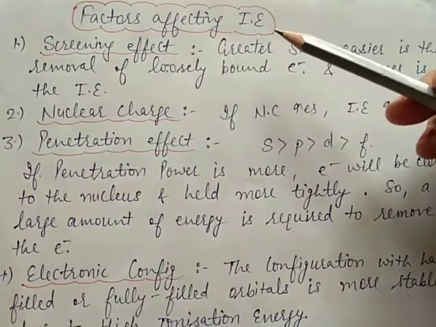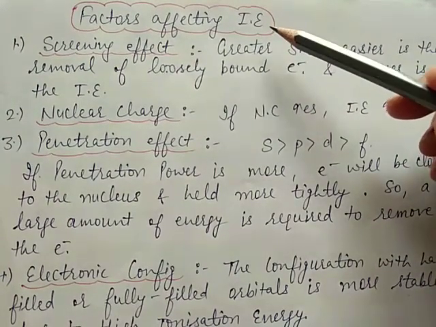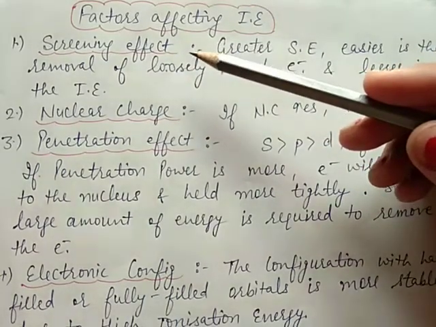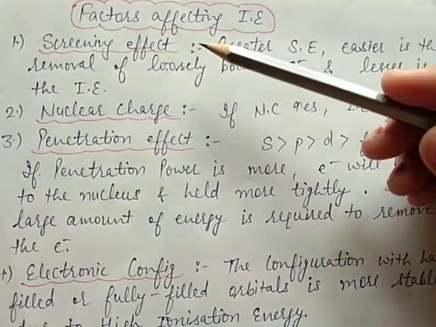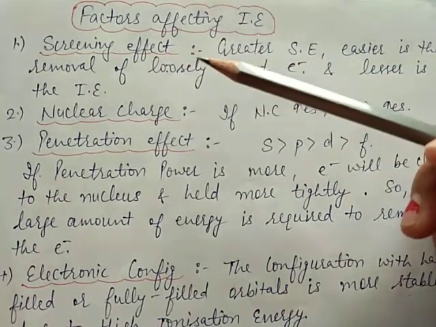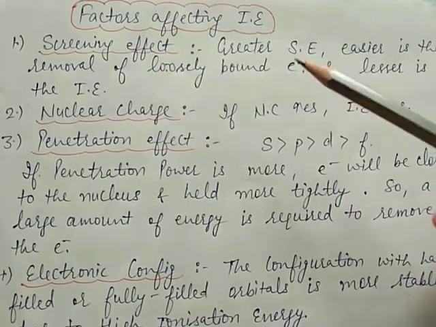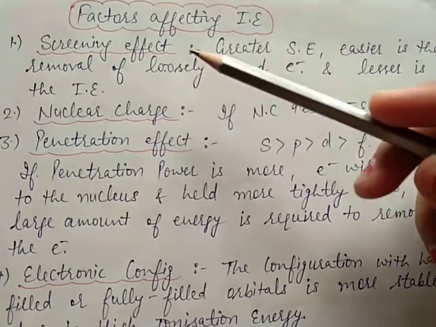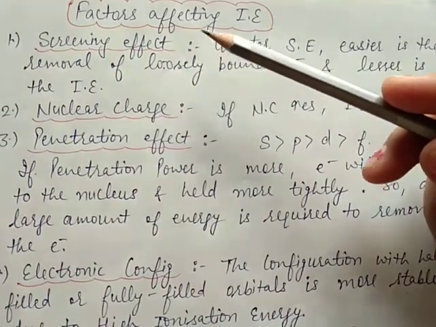Now the next topic is factors affecting ionization energy. The first factor is screening effect. Screening effect is also called shielding effect. Now what do you mean by screening effect?